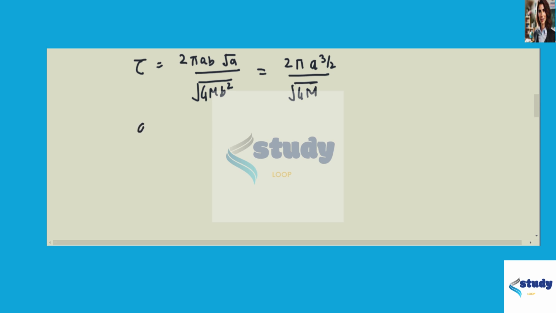So a cubed you will get GM tau squared upon 4 pi squared.